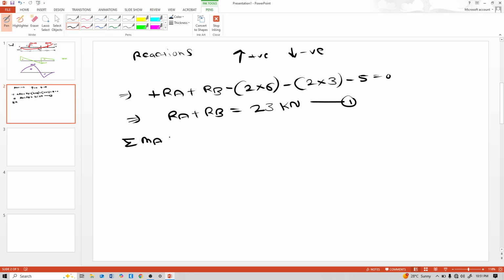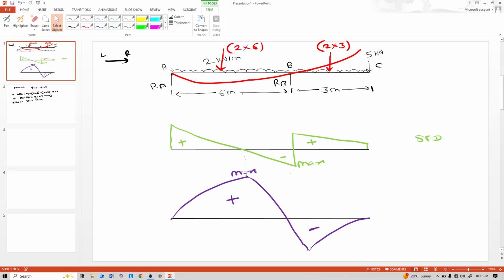Summation of moment at A is equal to 0. While calculating moment, we consider our assumption: clockwise moment positive and anti-clockwise moment negative. And we will calculate moment at this point A. So this 2 into 6 is clockwise and it is acting at 3 meter, because this 2 into 6 is at mid of this AB span.